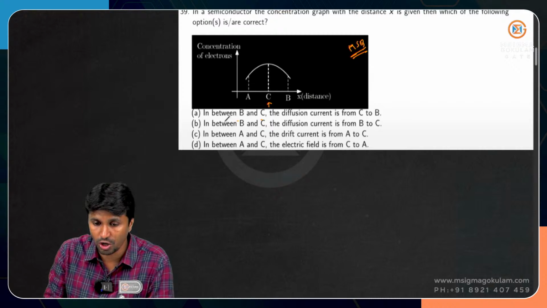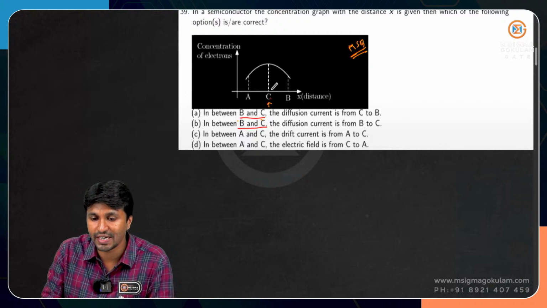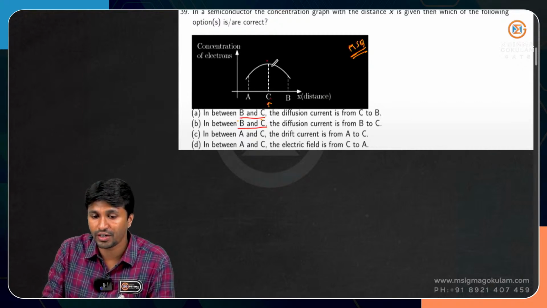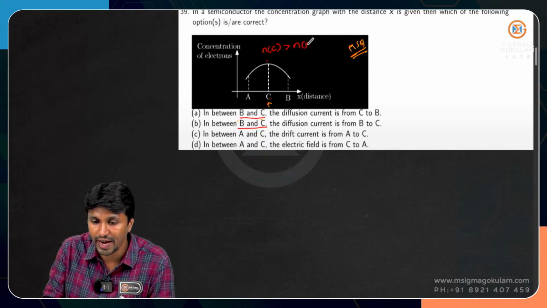First we'll focus on the first two options, in between B and C. You can clearly see that the concentration of electrons at C is greater than the concentration of electrons at B, right?